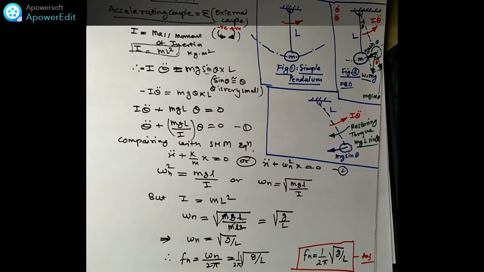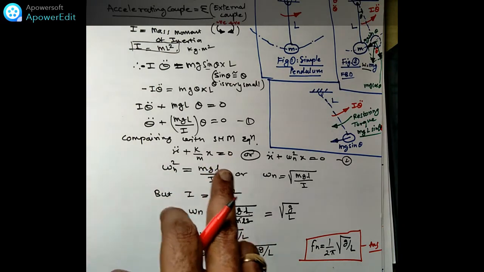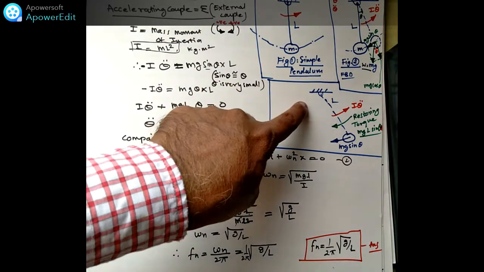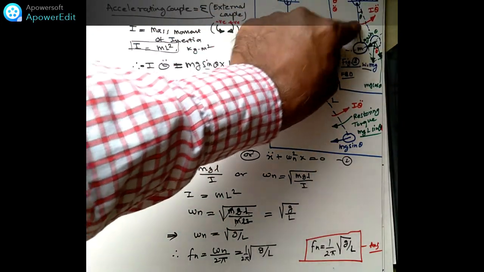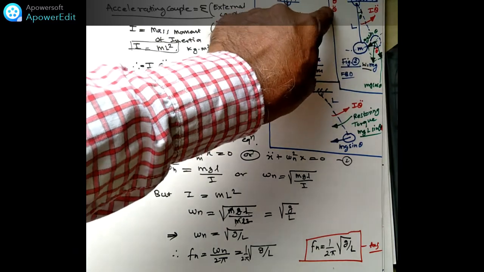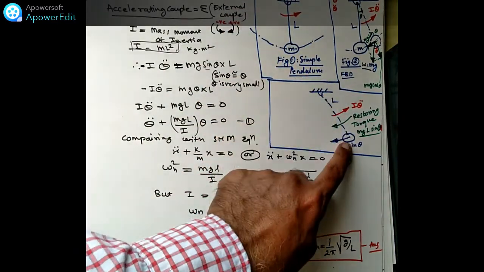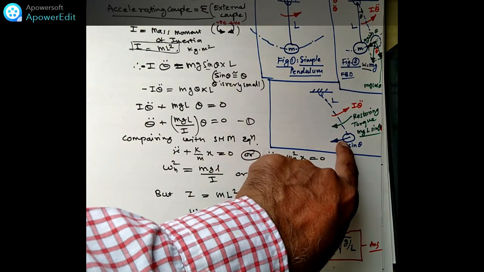Like this you have to solve this numerical using Newton's second law of motion. Once again, the bob is displaced by some angle theta, and that will generate velocity and acceleration. This bob has mass m, so it will have some mass moment of inertia.